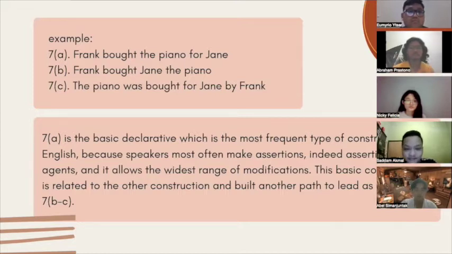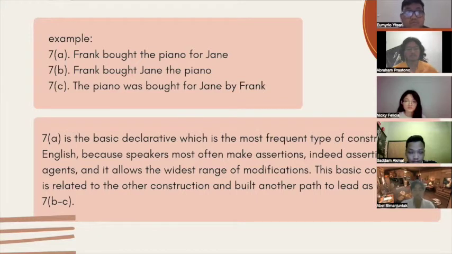Okay, there's a sample for this. 7A, Frank bought the piano for Jane. 7B, Frank bought Jane the piano. 7C, the piano was bought for Jane by Frank. 7A is the basic declarative, which is the most frequent type of construction in English, because speakers most often make assertions, indeed assertions about agents, and it allows the widest range of modifications.